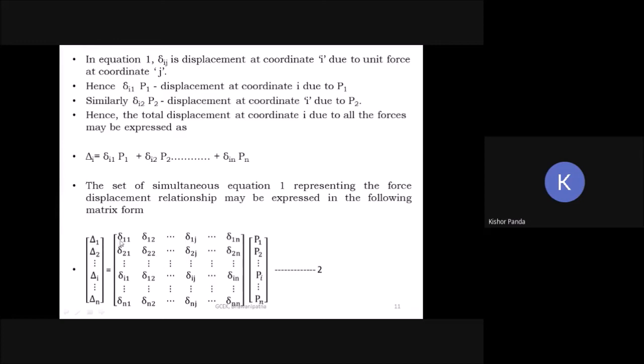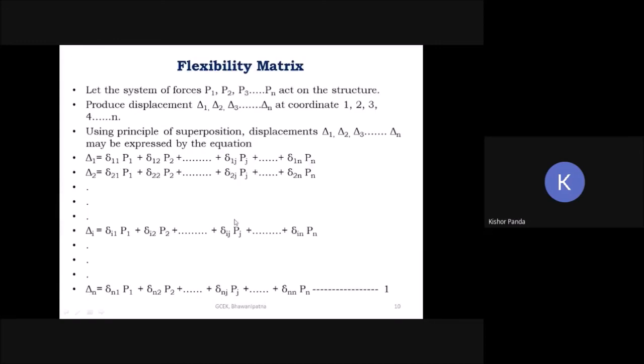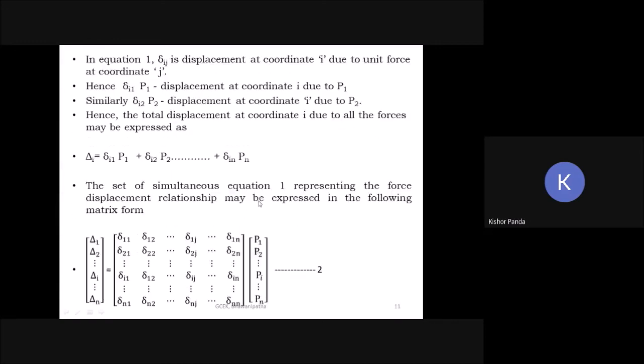Delta 1 is equal to delta 11 P1 plus delta 12 P2 plus delta 1j Pj and delta 1n Pn. This equation you can rewrite in matrix form, and from this matrix form you can find out the displacement at different coordinates.